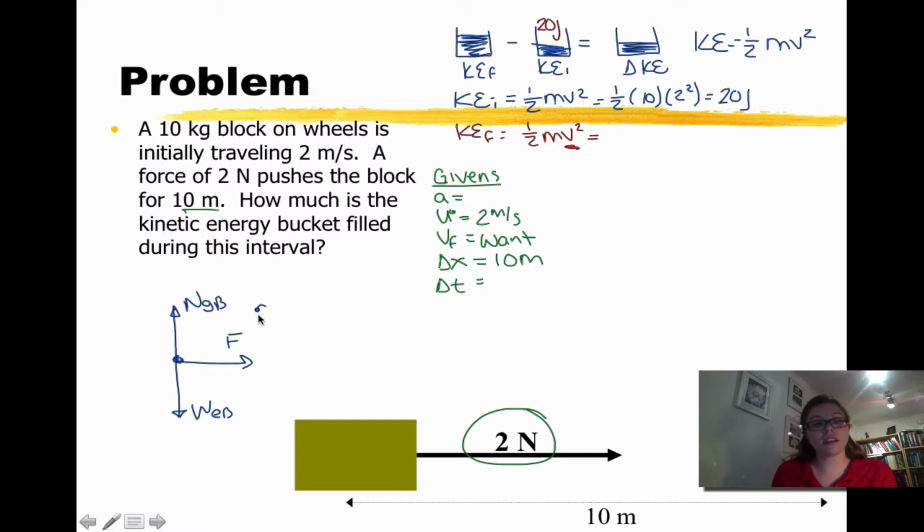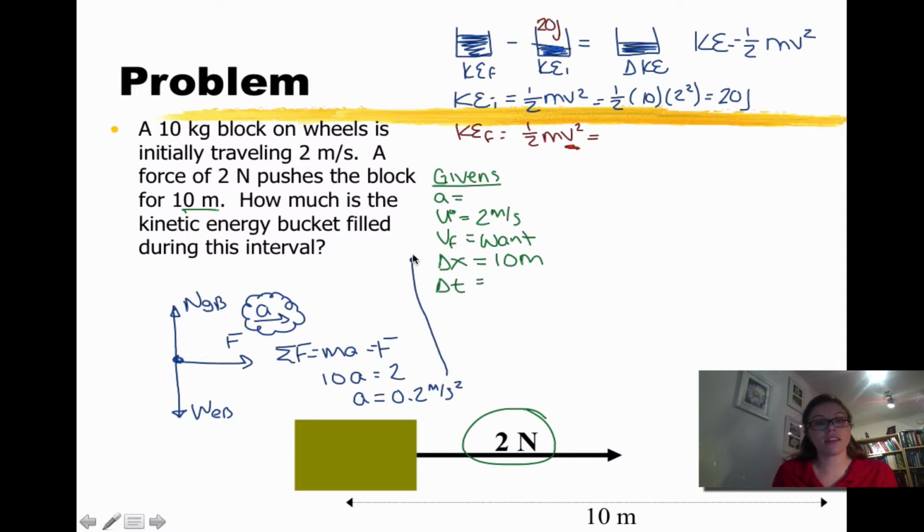The acceleration is to the right because the net force is to the right. So the sum of our forces equals ma, and that's only going to equal the force that's given. So the mass, 10, times a equals 2, so a is equal to 0.2 meters per second squared.